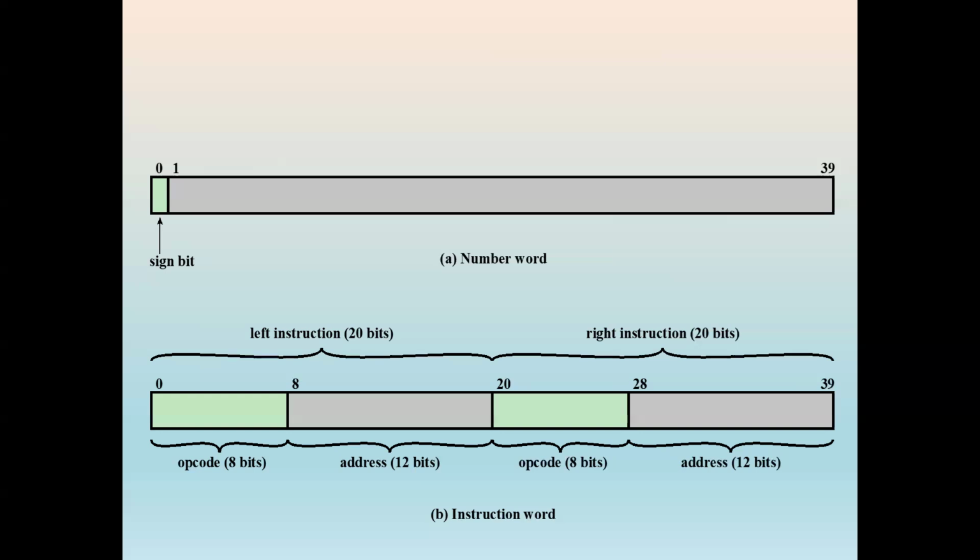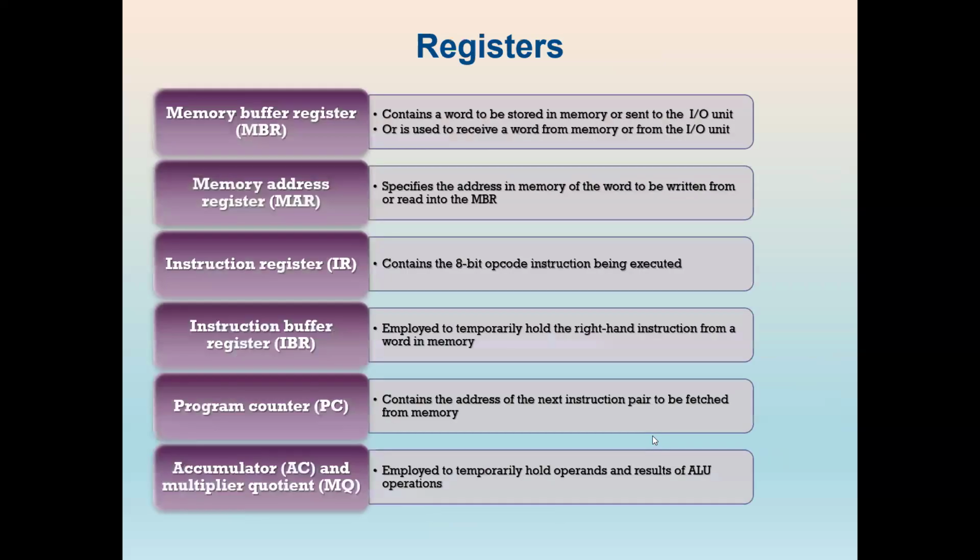A typical memory of the IAS computer will consist of 4,096 storage locations, which we call words, of 40 binary digits, or bits, each. Both data and instructions are stored there. The numbers are represented in binary form, and each instruction is a binary code, as shown in this diagram.